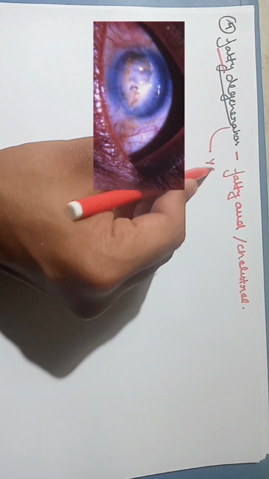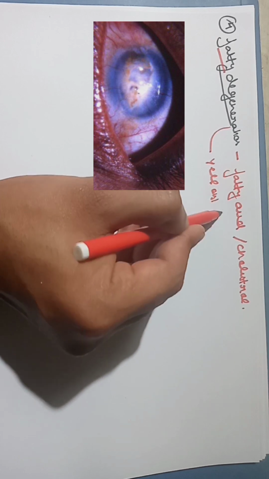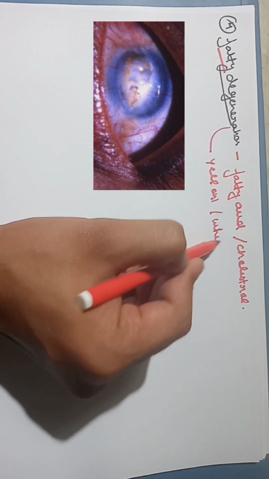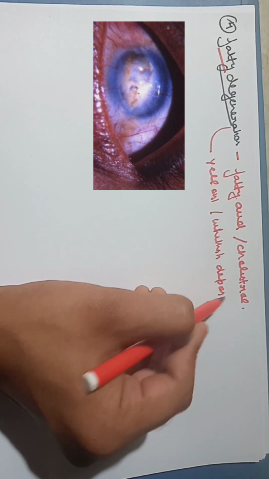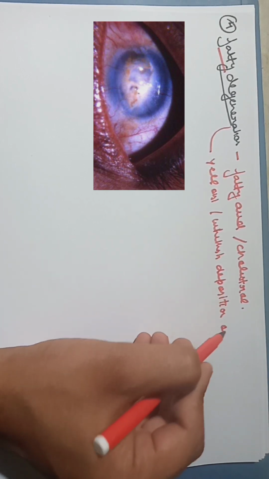It is characterized by yellowish or whitish deposition on the cornea.